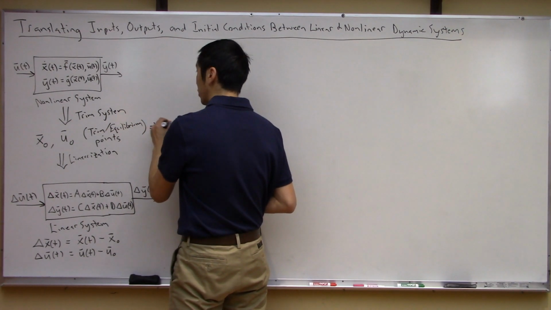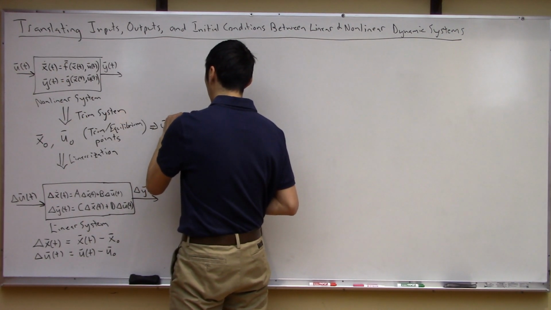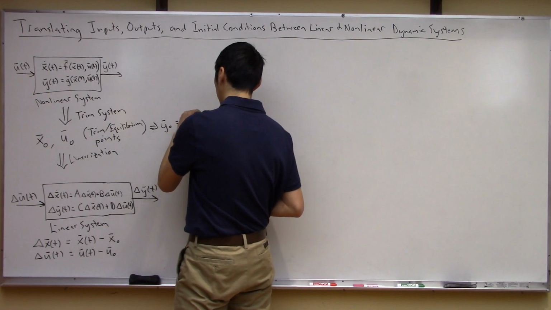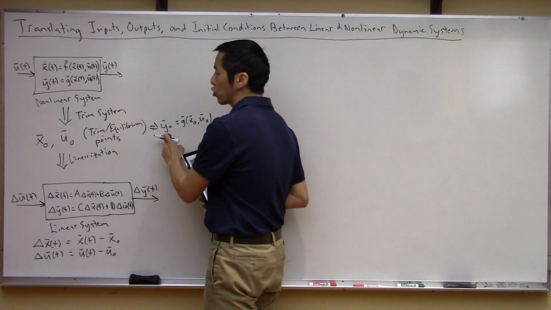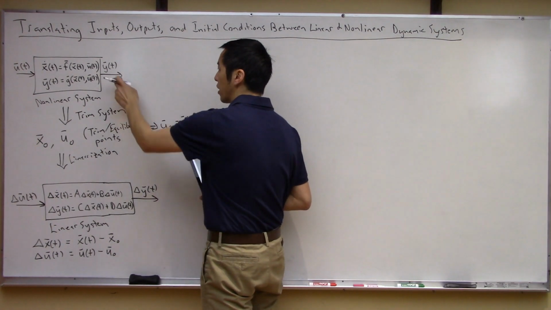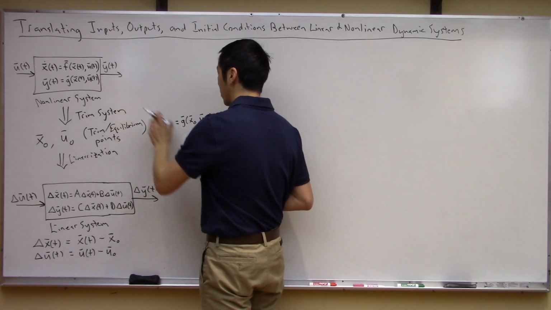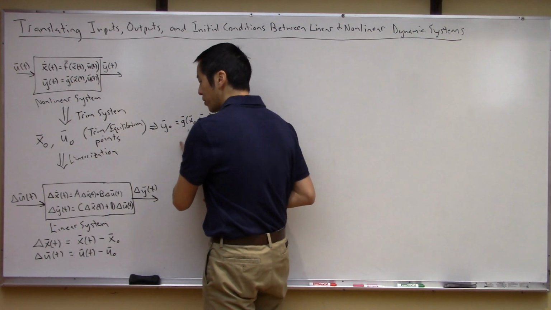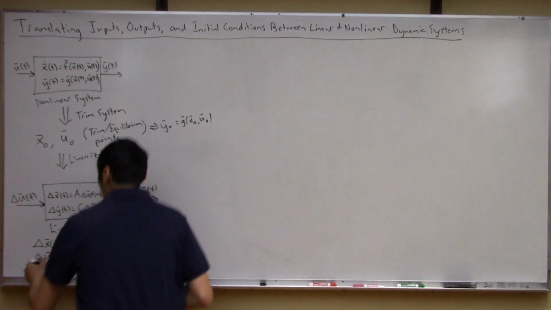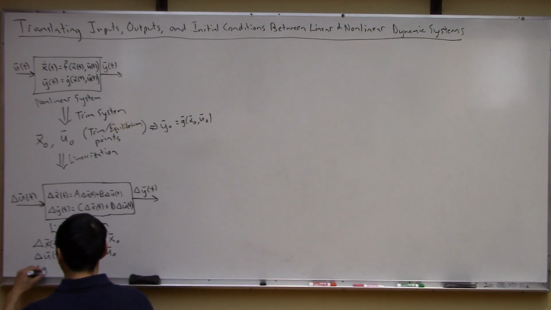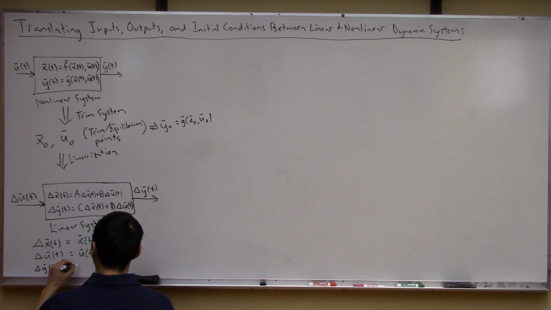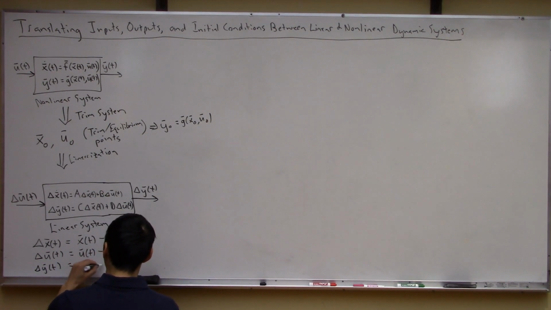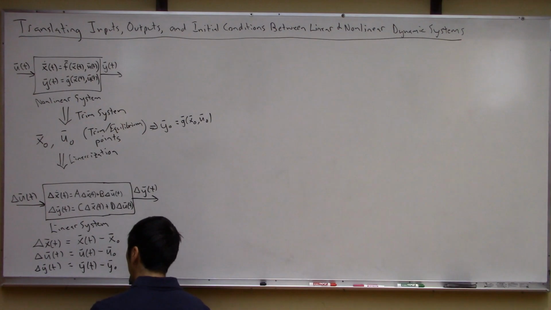The Y naught is simply g of X naught and U naught. So this is the trim output of the system, the output of this system at this trim point. Using this, we can also define a delta Y as the actual output of the system and how far it deviates from this Y naught location.